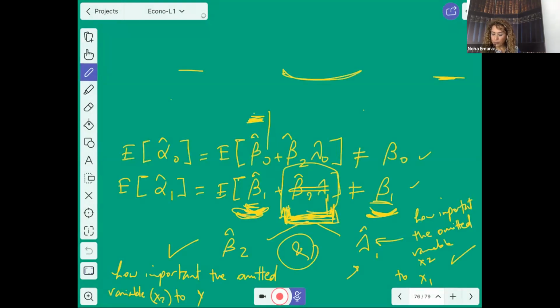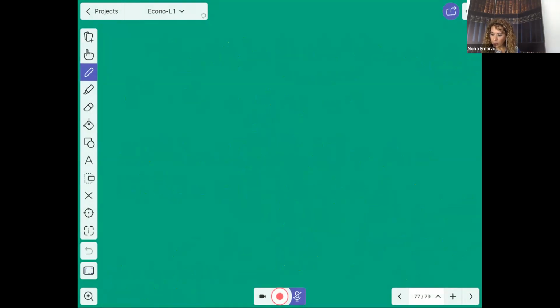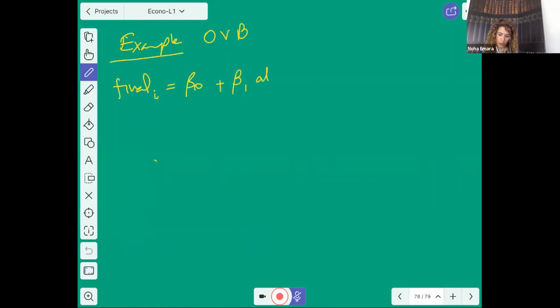So, suppose that I have a regression in which the final exam score of a group of students is equal to a certain intercept, plus it depends on whether students attend the class, whether this class is in person or online, beta 2 study, if you study, plus u_i.